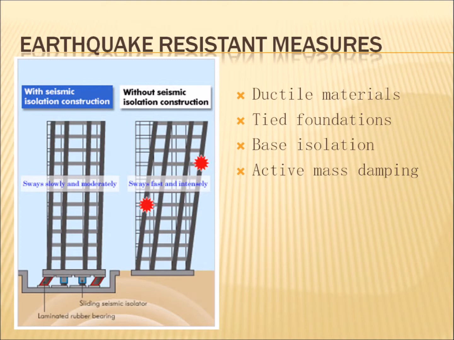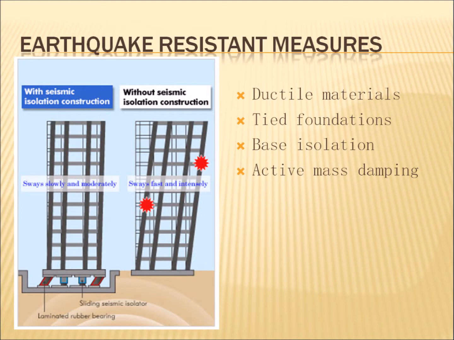On the right, you have base isolation, which involves floating the building above its foundation on a system of bearings. Because of the bearings, the foundation is able to move while keeping the building relatively still. It's very, very effective, however, it's really costly.